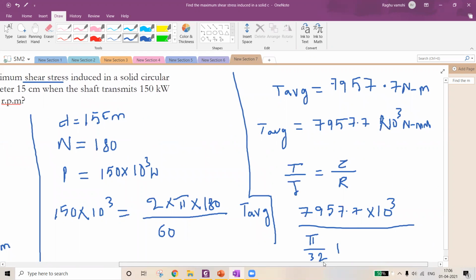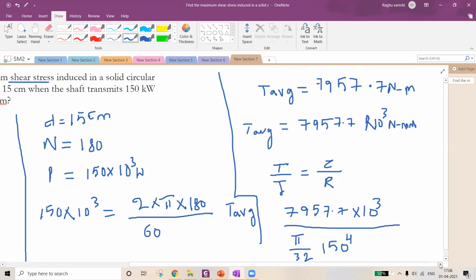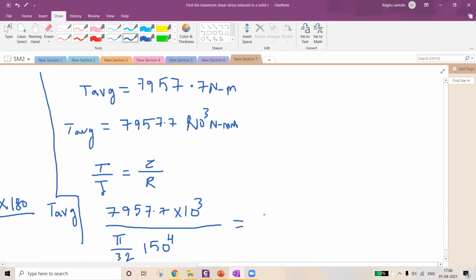Diameter is 15 centimeters, we take this in mm, so 150 power 4, and then again multiplied by d by 2. The only unknown term in this equation is tau, so that will be 12 Newton per mm square.